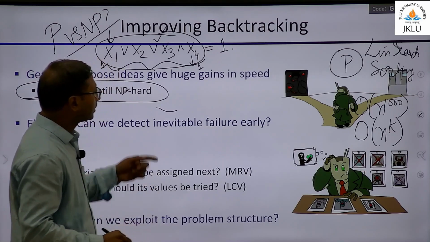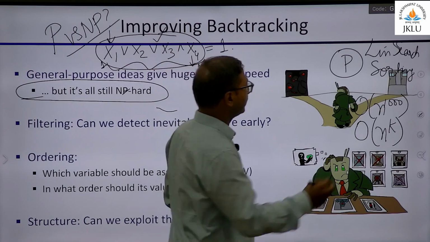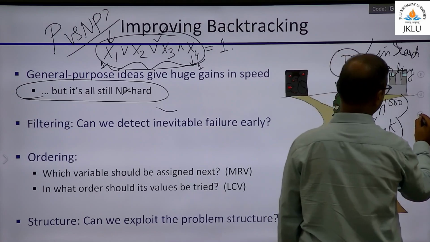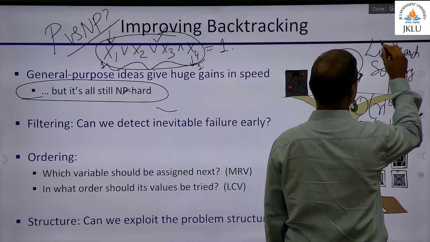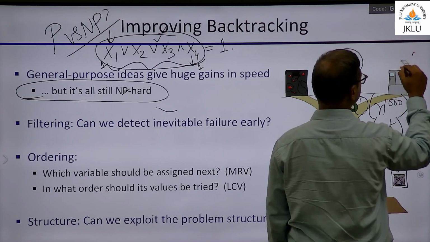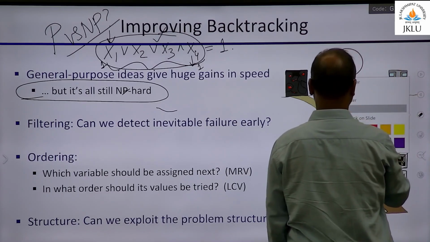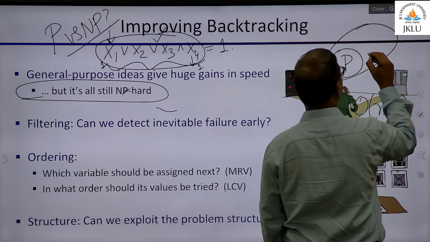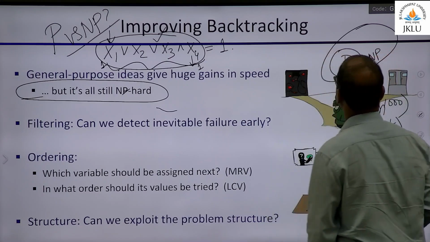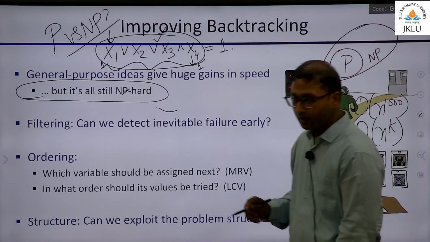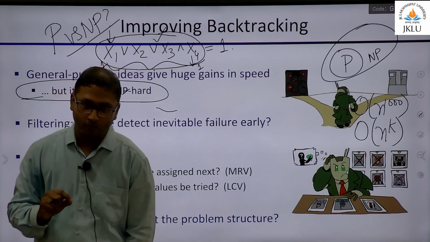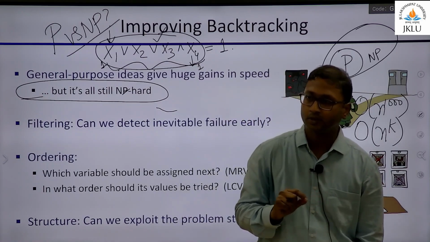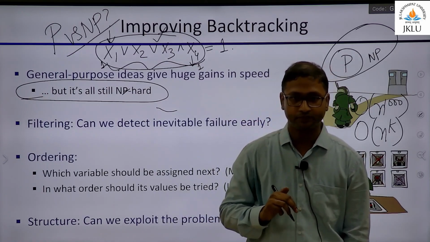Okay. Now on the other hand, so if this is your P, let me make this another set called NP. P is the set of those problems for which you have a polynomial time solution.